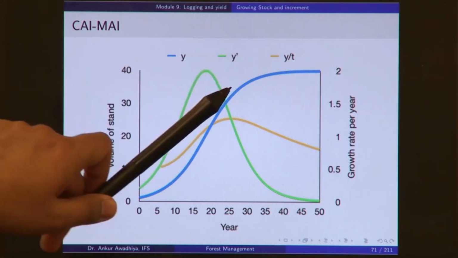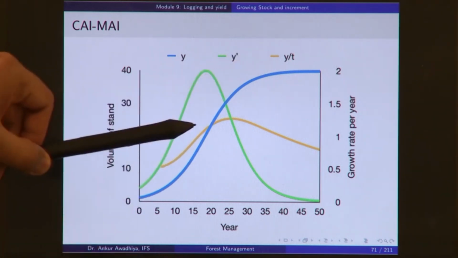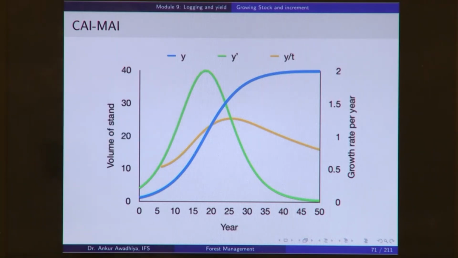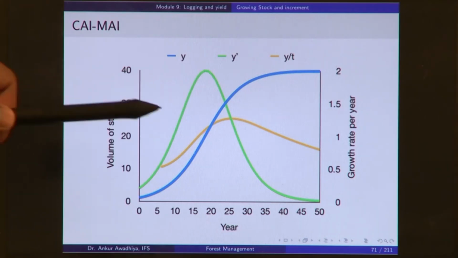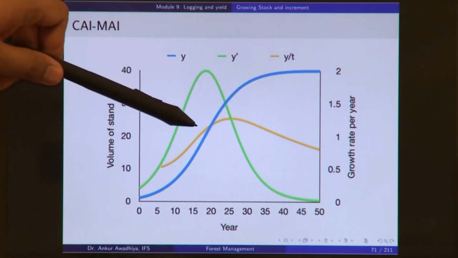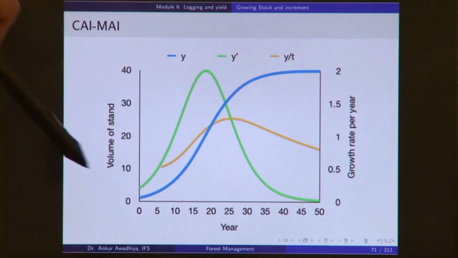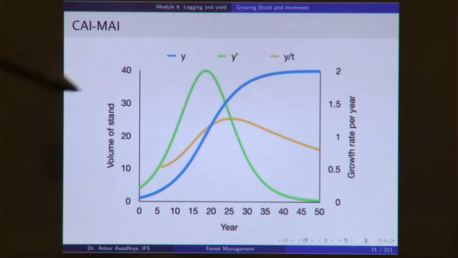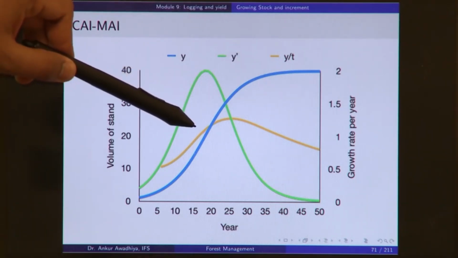Then the CAI will go on increasing and it will reach a maximum somewhere here at the inflection point. The inflection point is the point at which the shape of the curve is changing, the direction is changing. So, on this side it is concave, on this side it is becoming convex, if you look at it from the top. So, this point will be called the inflection point.